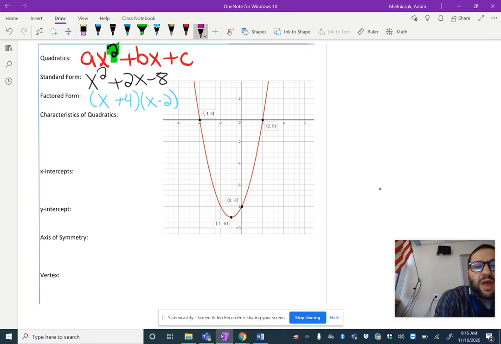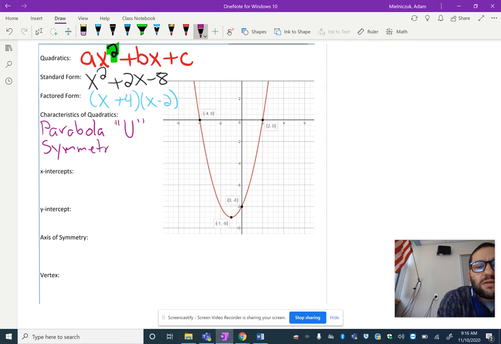Well, quadratics are a parabolic shape. Okay, so parabola, which is a fancy way of saying a U. So that's one characteristic. Another characteristic is that they have symmetry.